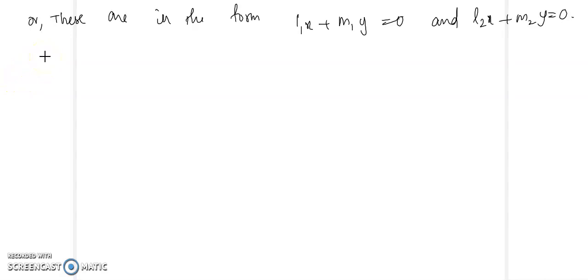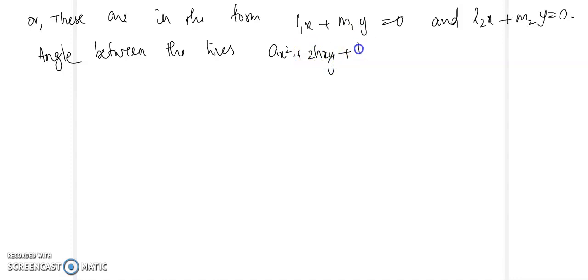So we have got a pair of straight lines, and now let us look at what is the angle between them. So the angle between the lines ax square plus 2hxy plus by square equal to 0.